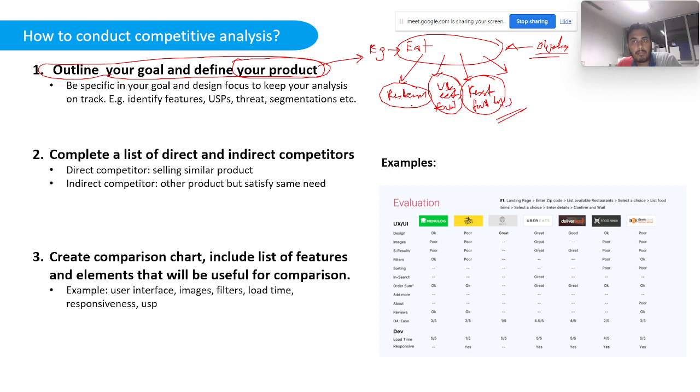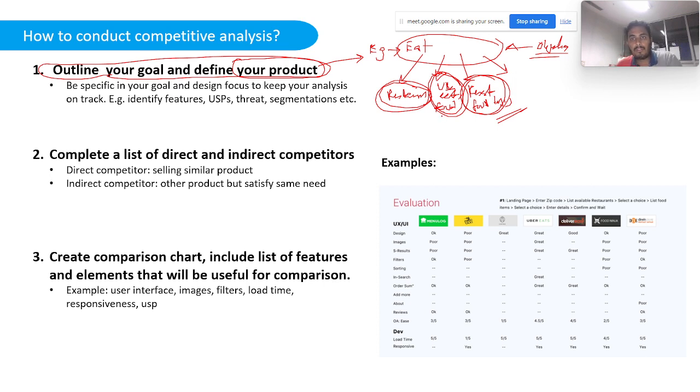Now, depending upon your products, the way you want to go about a business, you may have different business goals again. Now, when you try to do a competitive analysis, first you need to define your target product, which you want to focus on as a business.